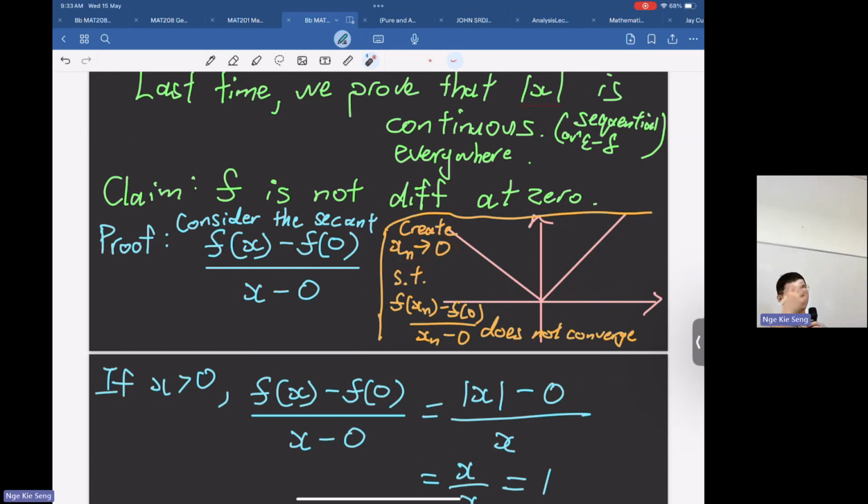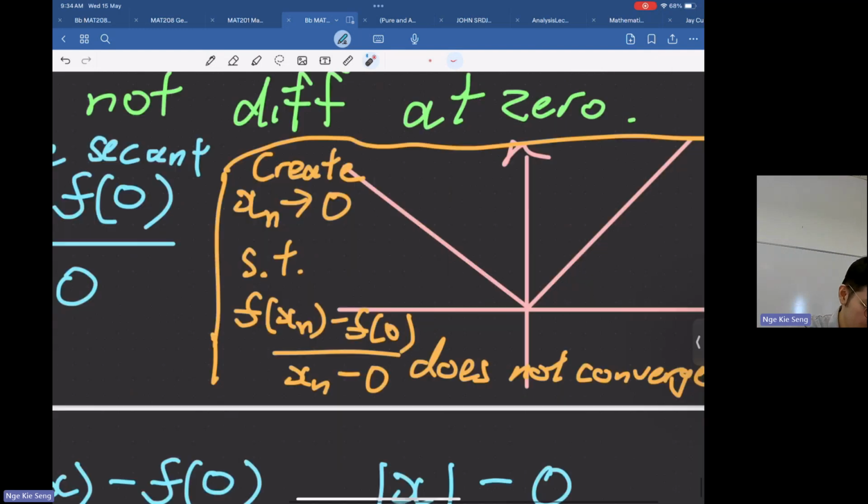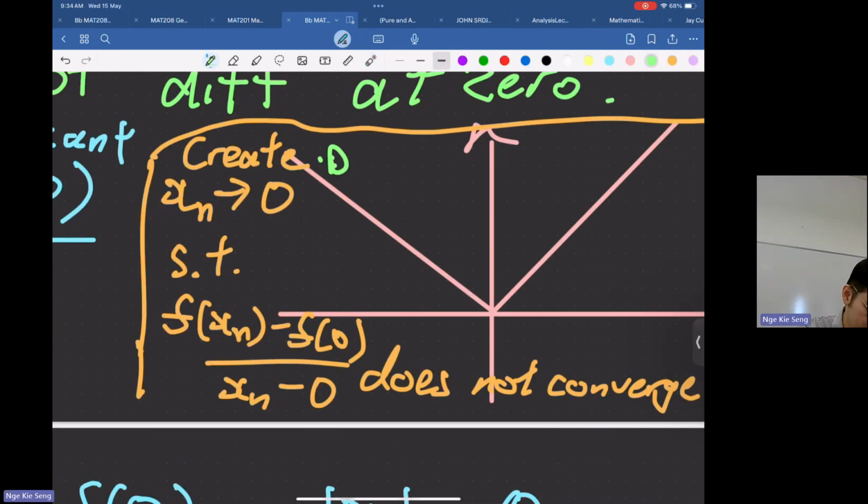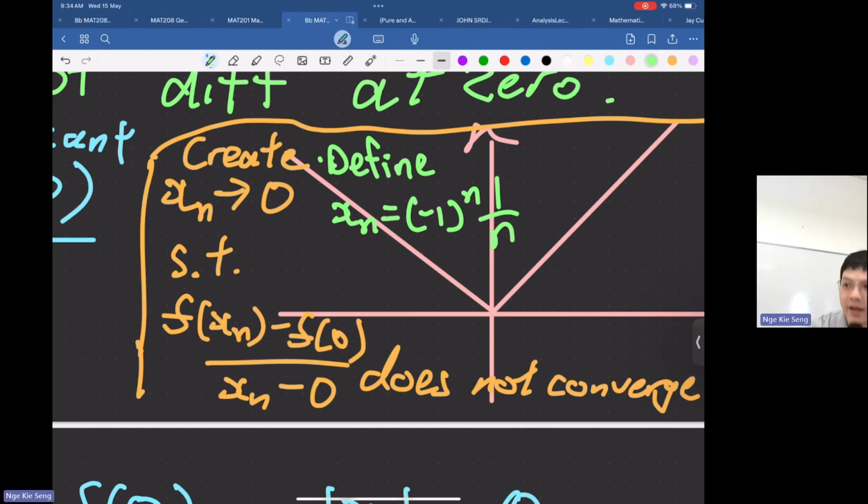So, what's a sequence that converges to 0 when n is large? 1 over n. This is the very first sequence we talked about that converges to 0. But 1 over n stays on one side. So how do you make it jump? Multiply by minus 1 to the power n. So you define xn to be minus 1 to the power n times 1 over n.